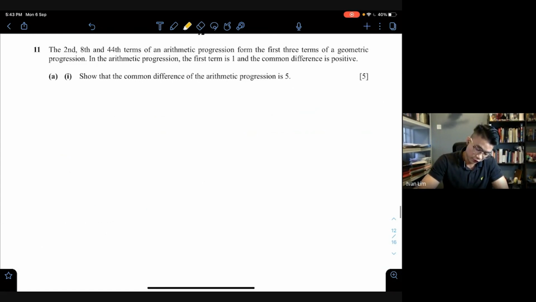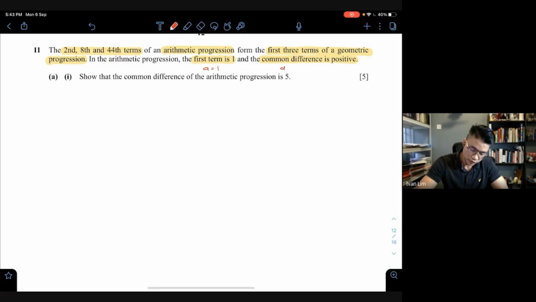The 2nd, 8th, and 44th terms of an arithmetic progression form the first 3 terms of a geometric progression. In the arithmetic progression, the first term is 1 and the common difference is positive. Okay, write this down first. A is equal to 1.